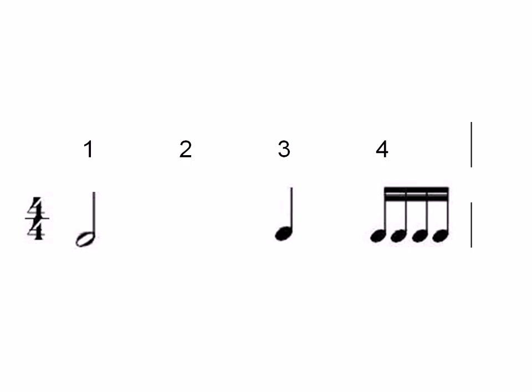In this exercise we have first of all a half note, so it lasts 2 beats. Then on the third beat, we have a quarter note, and then on the fourth beat we have a group, a figure we could call it, a group of 4 semiquavers, of 4 16th notes.